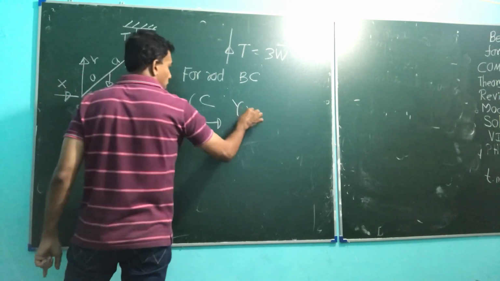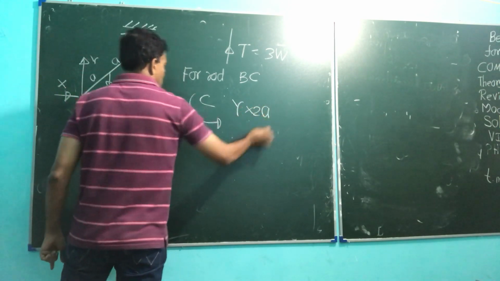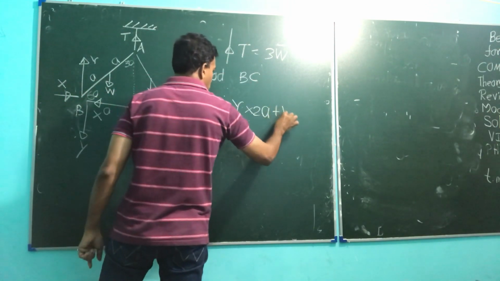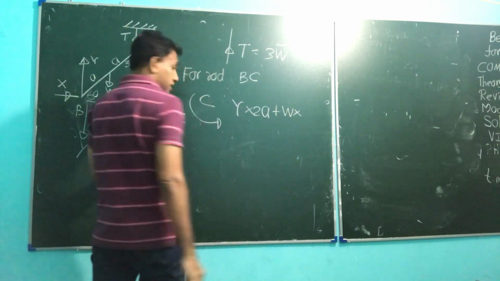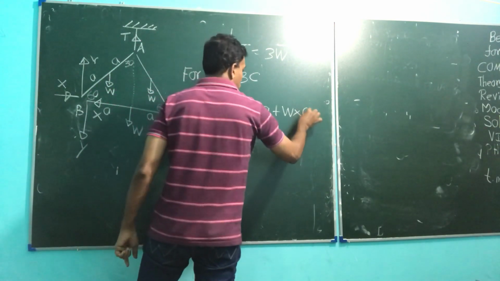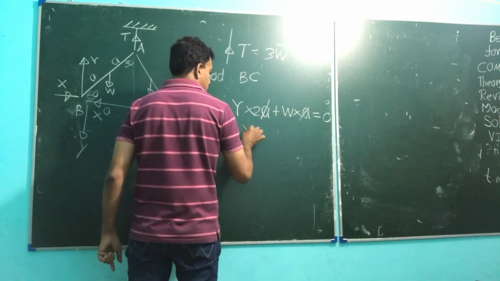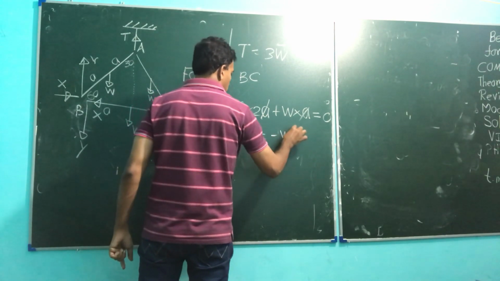W is also downward, the same, plus W a, with a the half length, equals 0. Therefore a cancels, and you find your y answer. What is y? Minus W by 2.